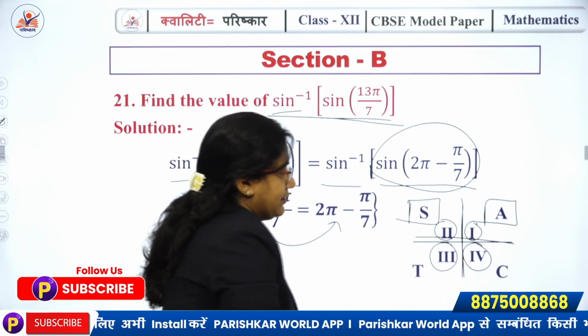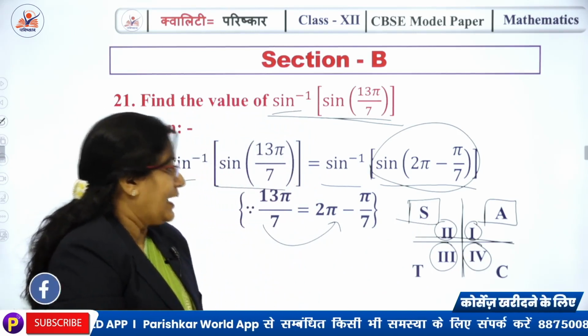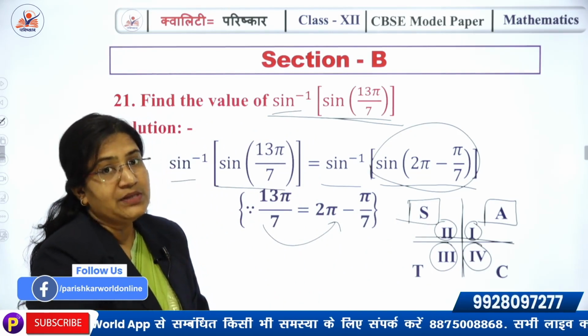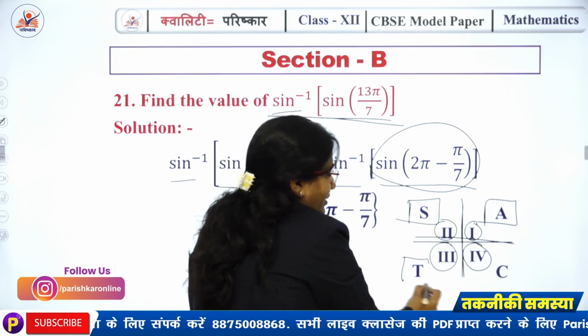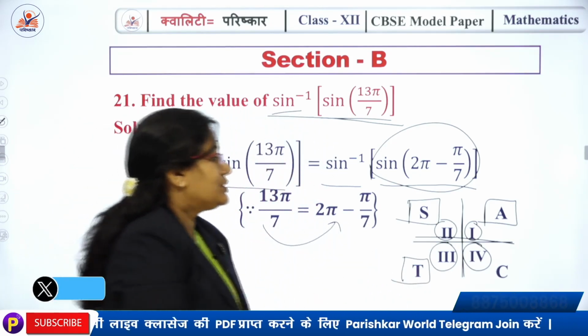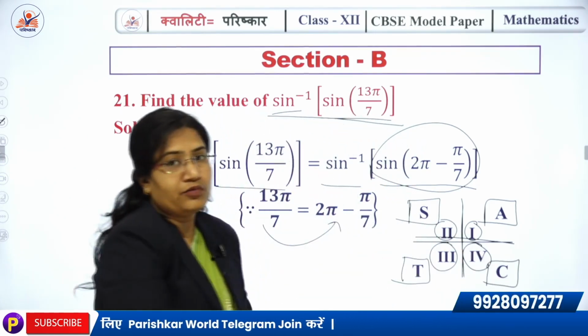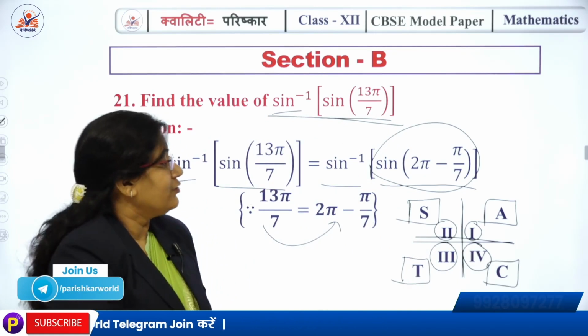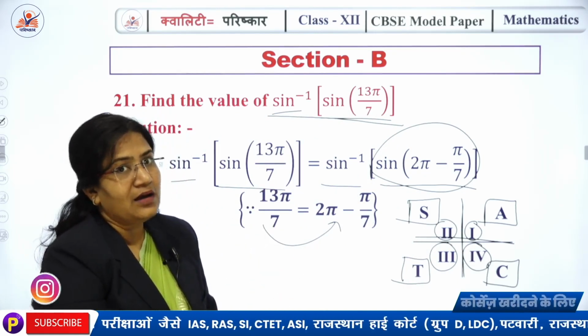Again, in the third quadrant, tan and the inverse of tan, that means cot, are positive and other trigonometric ratios will be negative. In the fourth quadrant, C represents cos and the inverse of cos, that means sec. In the fourth quadrant, cos and sec are positive and other trigonometric ratios are negative.